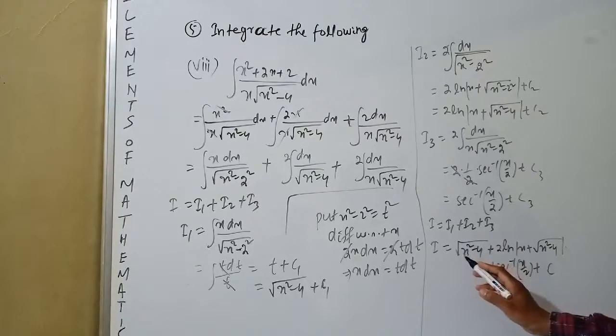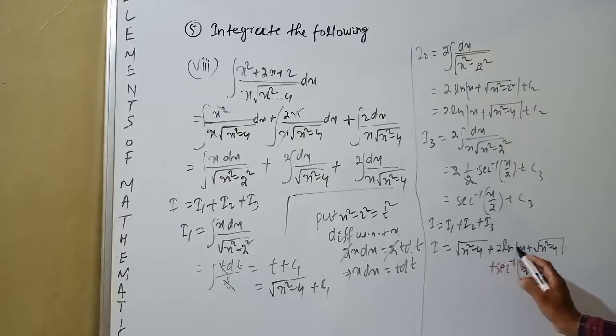So I is equal to root over x square minus 4 plus 2 ln |x + root over x square minus 4| plus sec inverse x by 2 plus c. Pause the video, note it down.